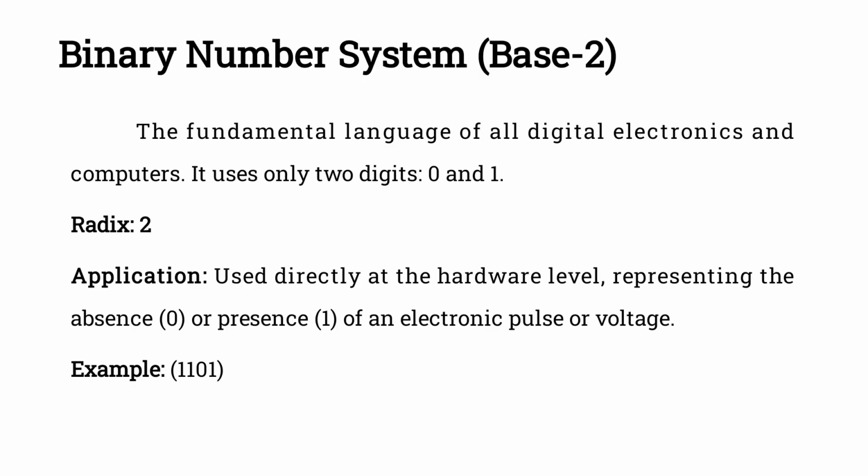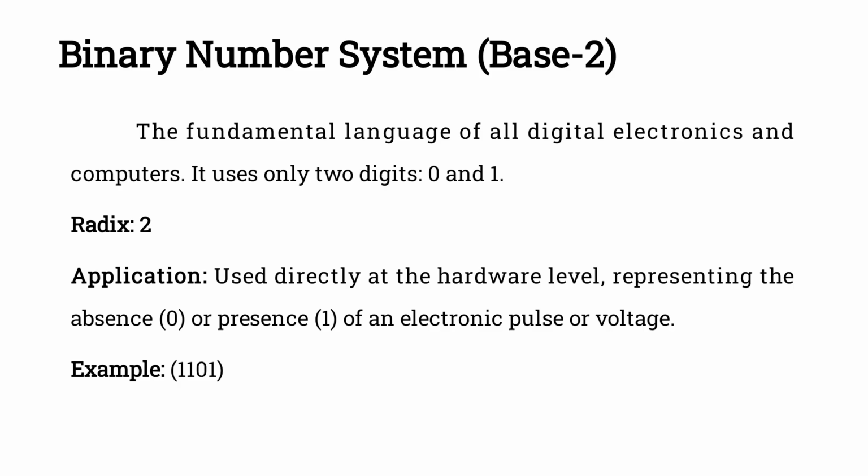First one is the binary number system with base 2. Here it uses only the digit values zeros and ones, and the radix value is 2. Already we have discussed binary values in the digital electronics basics. If the signal is high, the value is 1.